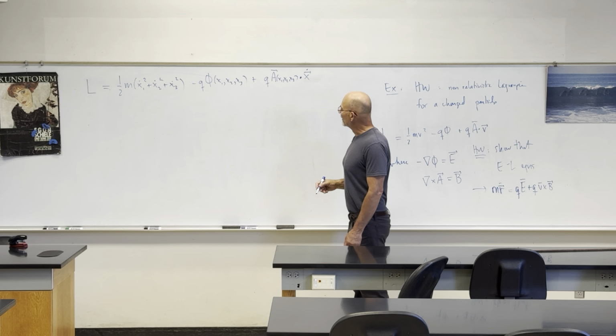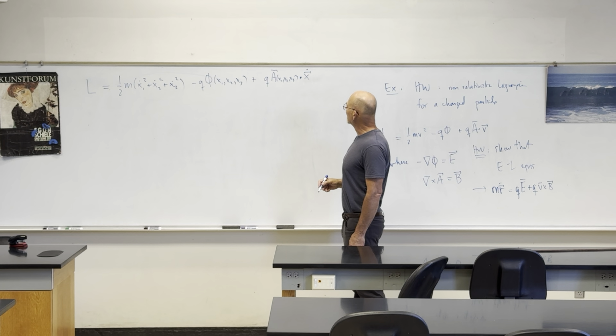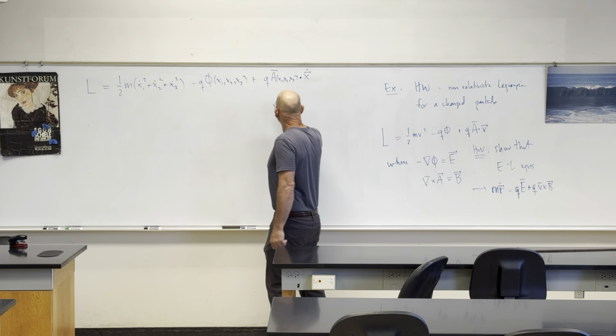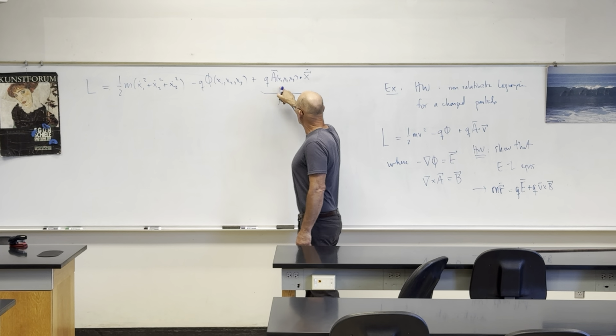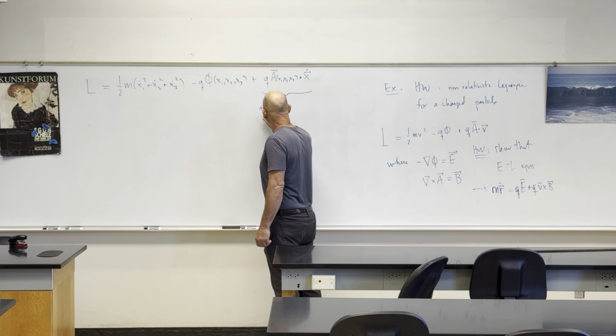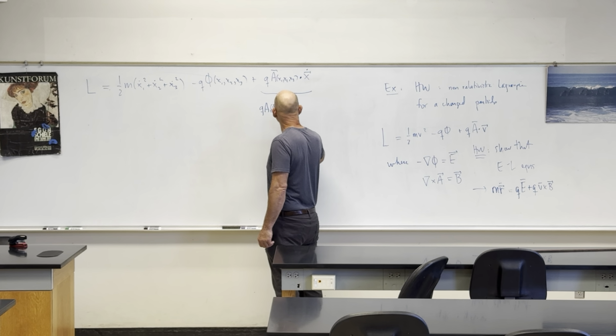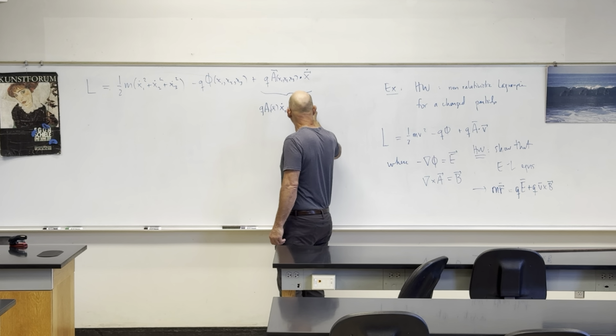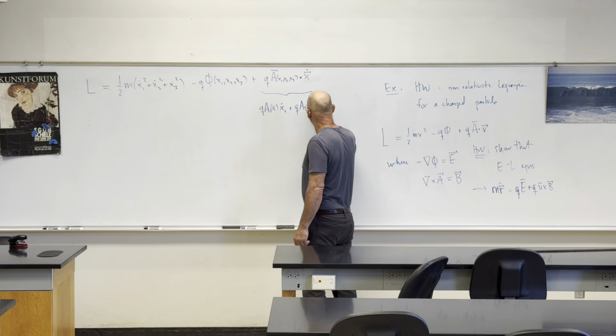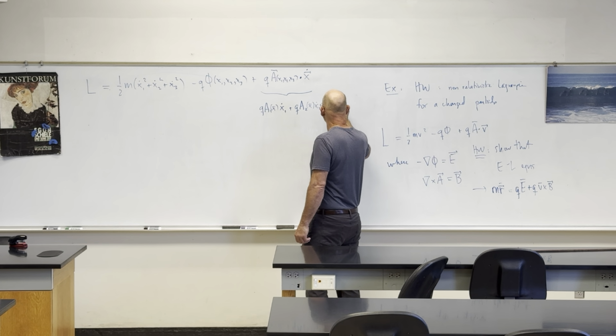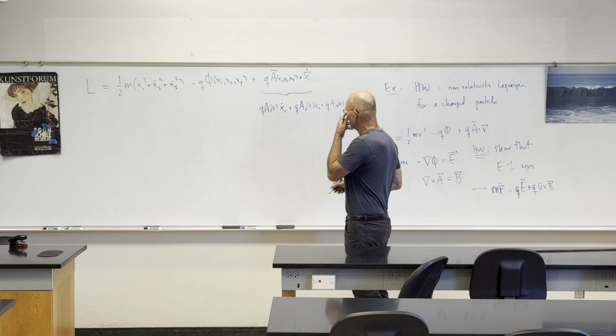Okay. So we have to have all the components of everything up here. So this is a dot product. So this would be q A1 times x1 dot plus q A2 times x2 dot plus q A3 times x3 dot.